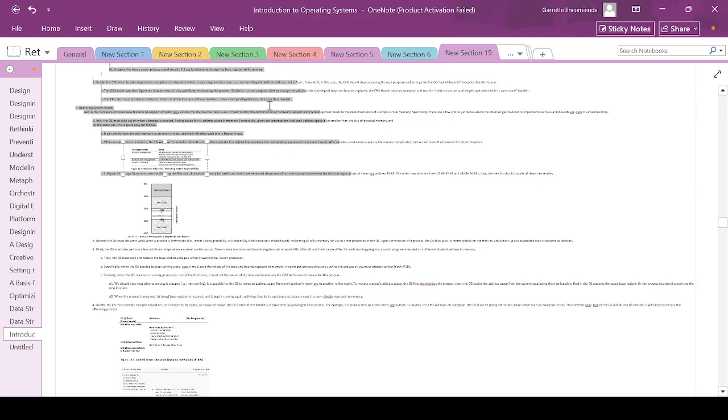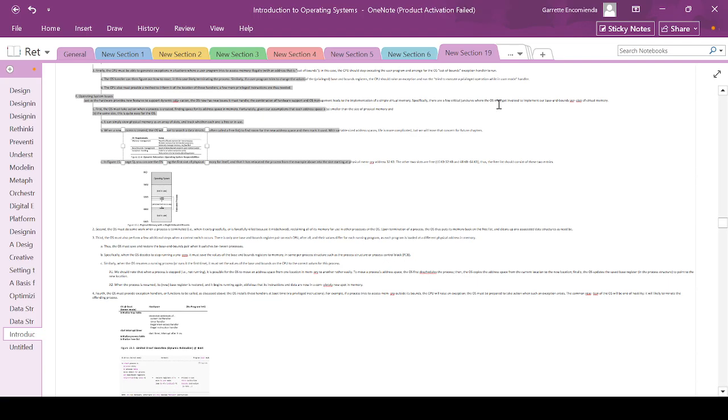Similarly, if a user program tries to change the values of the privileged base and bounds registers, the CPU should raise an exception as well, and have the OS invoke the handler for trying to execute a privileged operation while in user mode. The CPU also must provide a method to inform it of the location of these handlers.